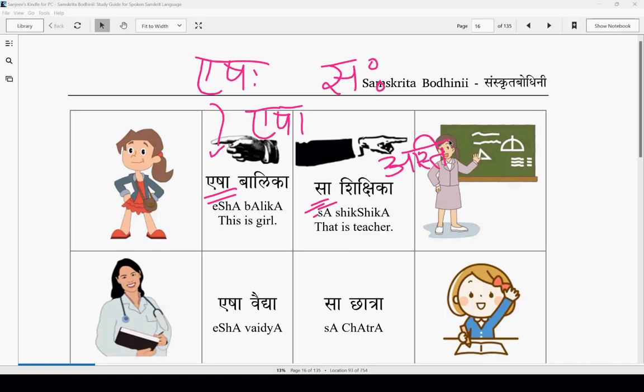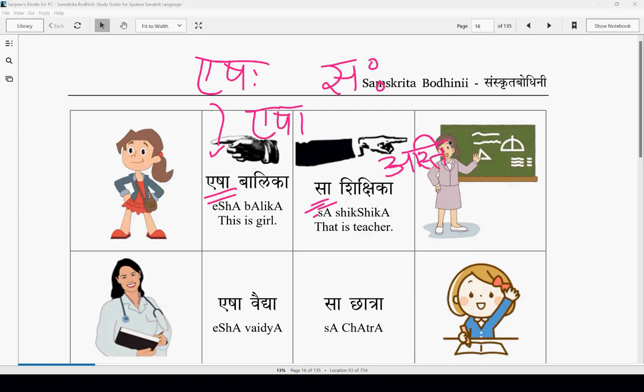सा शिक्षिका अस्ति, एषा बालिका अस्ति, एषा वैद्या अस्ति, सा छात्रा अस्ति. So the words ending in a are usually, not always, usually we can assume that right now at this stage, we are only looking at such Strilinga words which are ending in a.